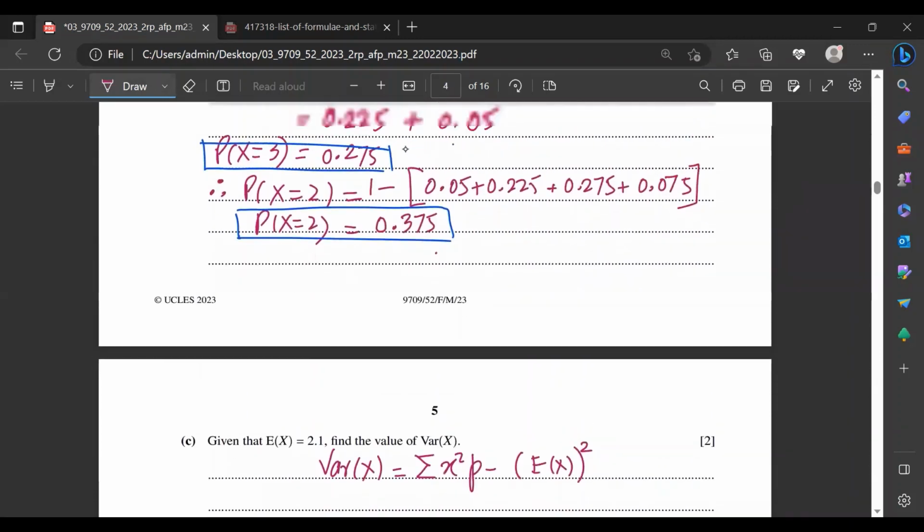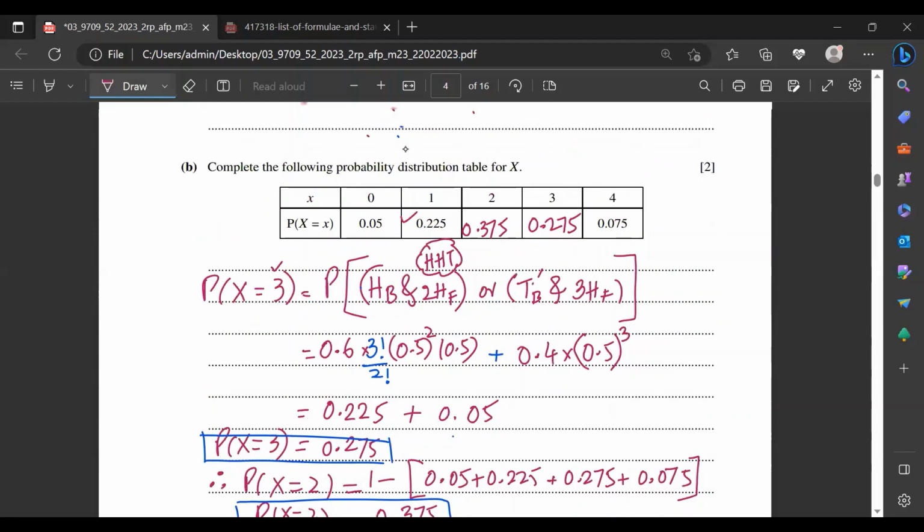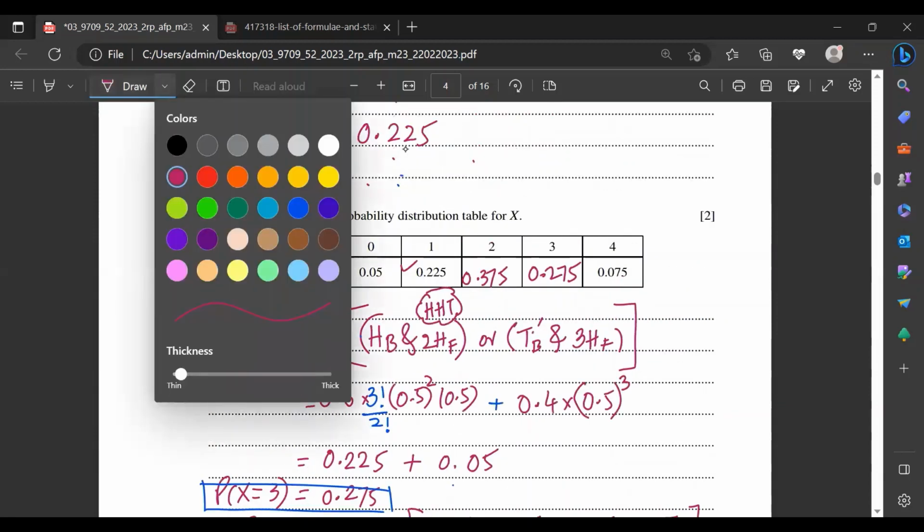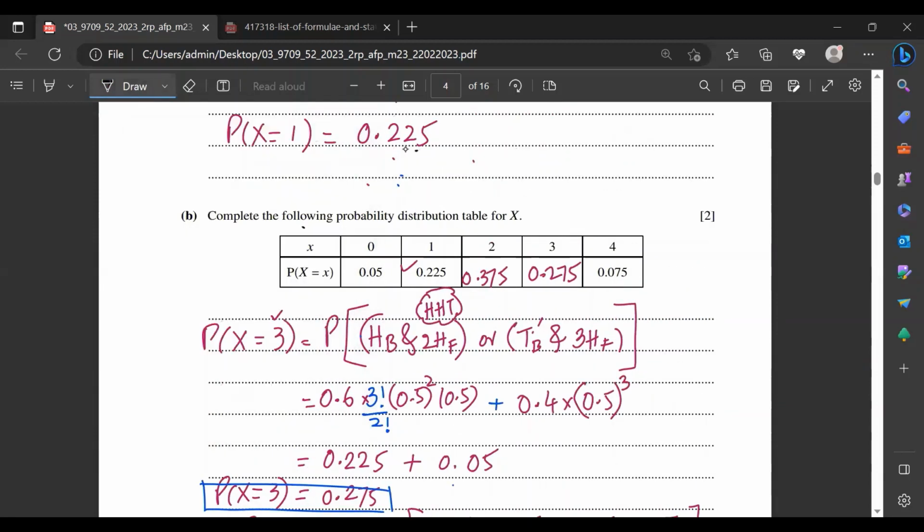We just need to multiply x square by p, but x square is not there. Yes, you can make a column for x square. x square is 0, 1, then 4, then 9, then 16. So multiply these two entries, x square multiplied by p, and then sum.